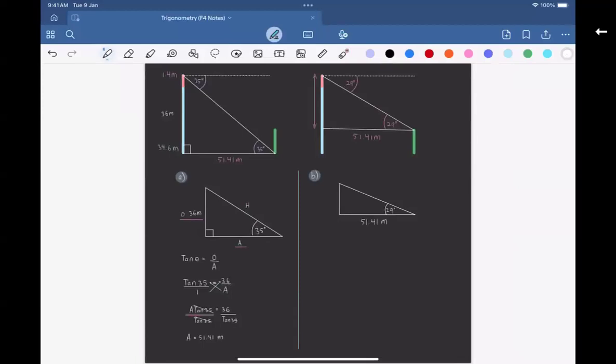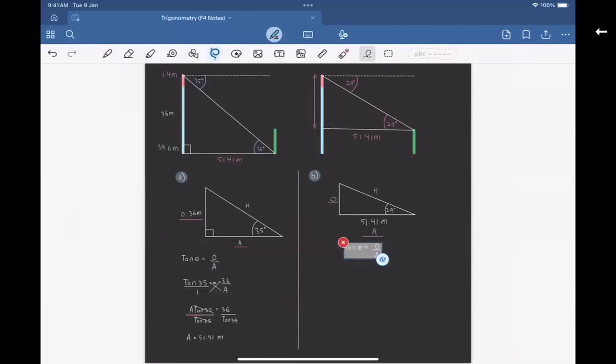And we're trying to find this. So label the triangle: that's the hypotenuse, 51.41 is the adjacent, and the other side is the opposite. We're trying to find the opposite.